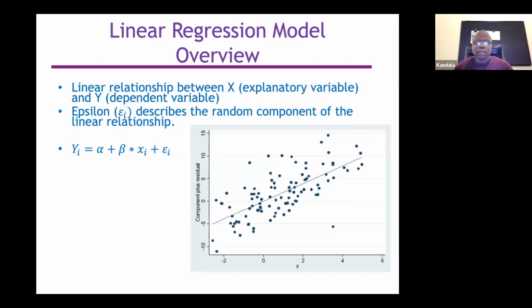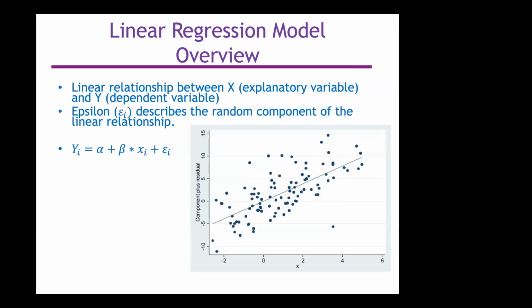government spending. So in our example of government spending and unemployment, the linear relationship between the explanatory variable and the dependent variable is very obvious in this case.